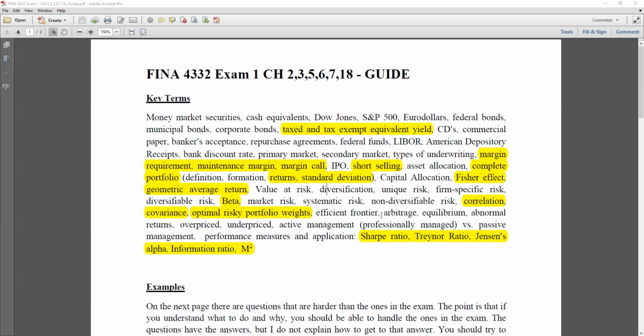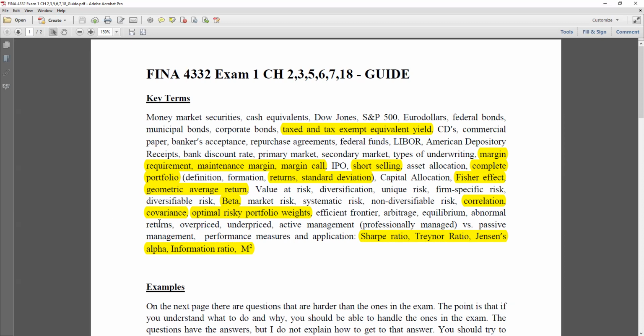Now, here: arbitrage, equilibrium, abnormal returns. You want to know what those are, be able to explain what they are and why we care about them. There are calculations involved, but that's why I have these highlighted down here. For example, for equilibrium, you will use the Treynor ratio to identify if they're in equilibrium or not.